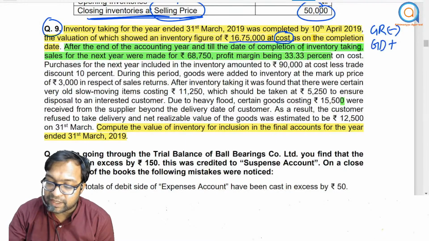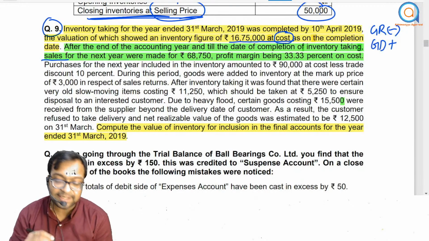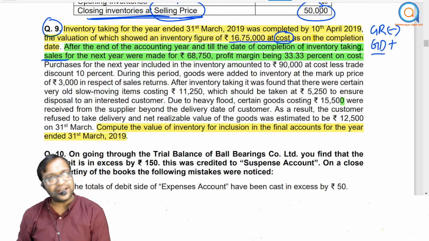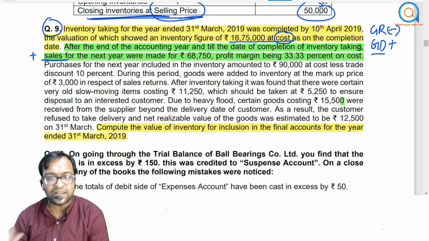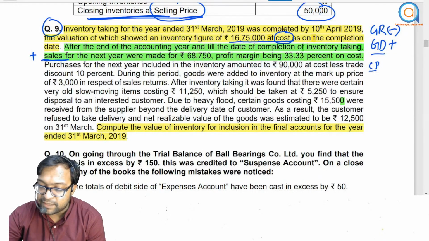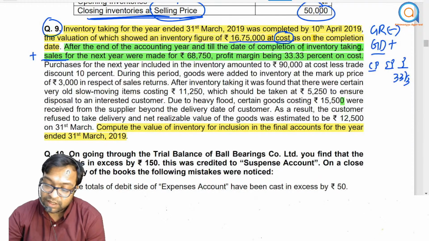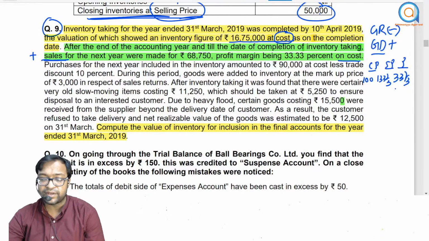Profit margin being 33 1/3 on cost. They are saying sale, so sale is goods dispatched, so it should be added. But cost price will be added, since sale is at sale price. Now, if I write CP, SP, profit, they are saying 33.33, or you can say 33 1/3, all the same, on cost. The cost price is 100, the selling price is 133 1/3. This relation they have given.